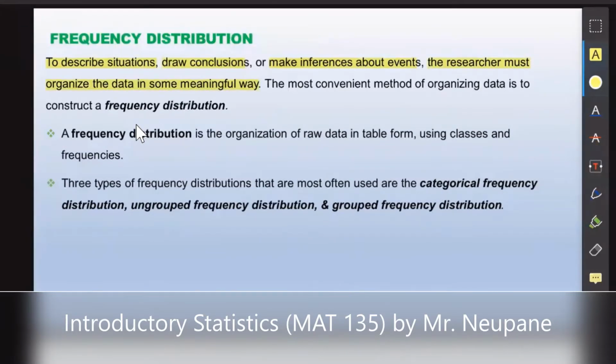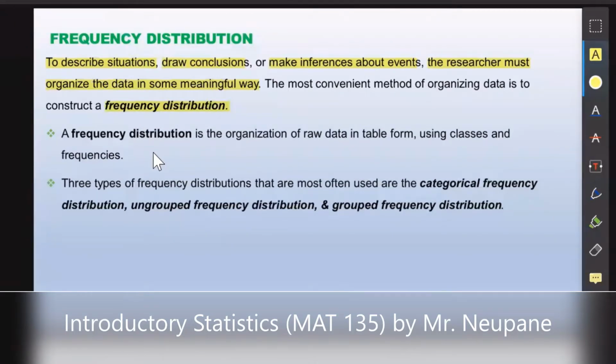So here we are looking at the organization of the data. And the most convenient method of organizing the data is called the frequency distribution. That is the first organization of the data that we are looking at in this chapter.